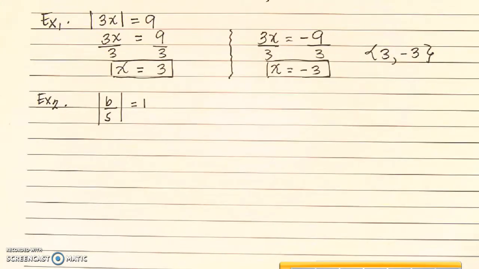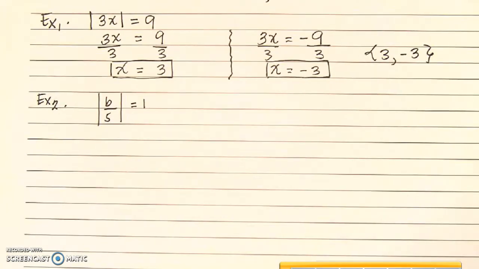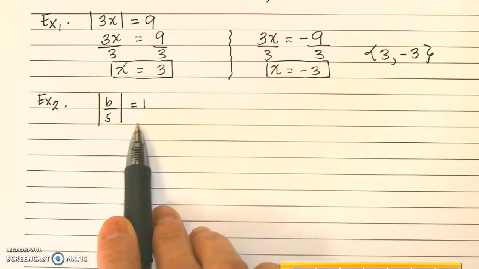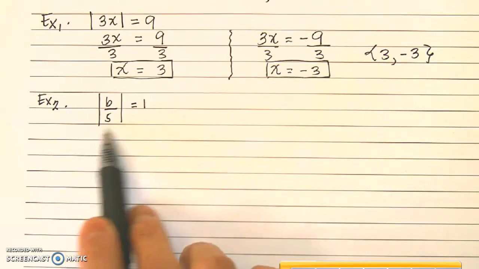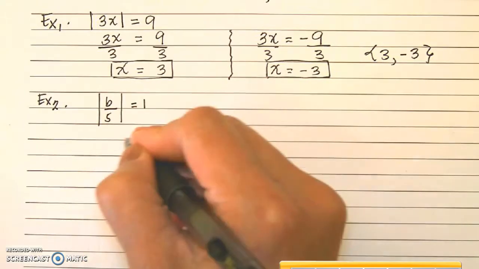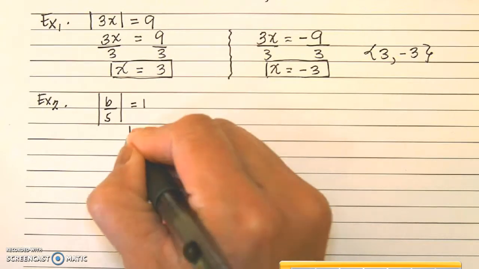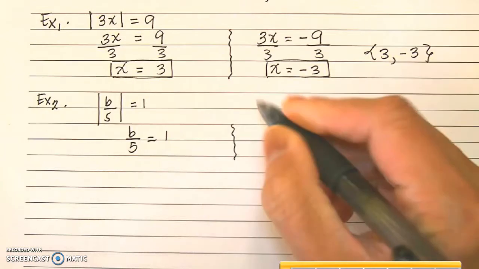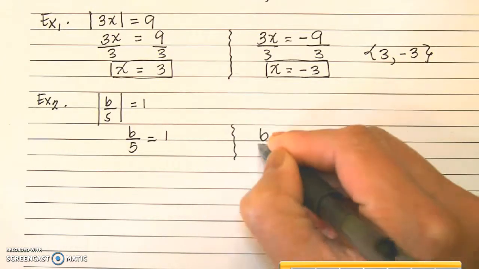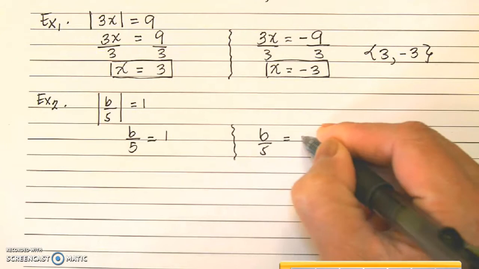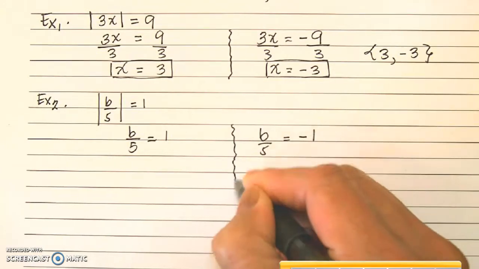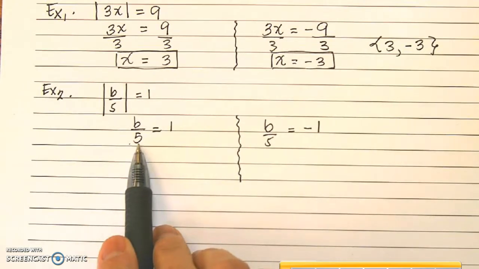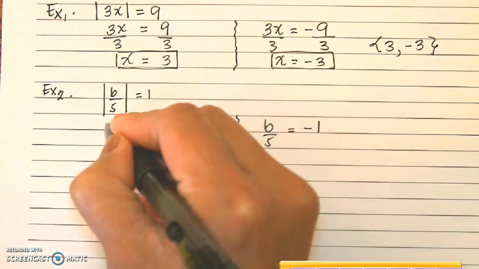Okay, so example number 2. Absolute value of b over 5 equals 1. So once again, let's remove the absolute value symbol. So b over 5 equals 1. However, on this side, you're going to have b over 5 equals -1. Like what we used to do before, the denominator must be removed by multiplying by 5 on this side.